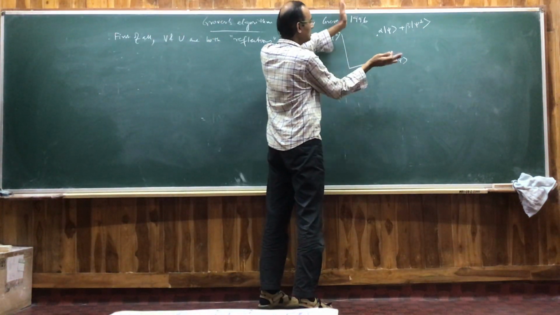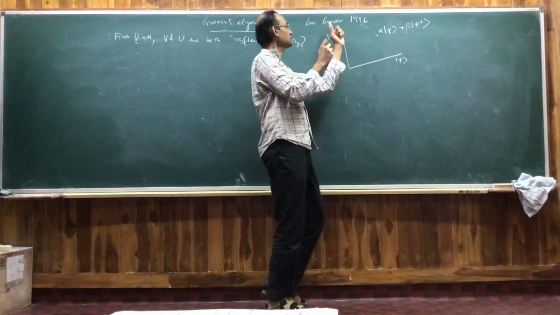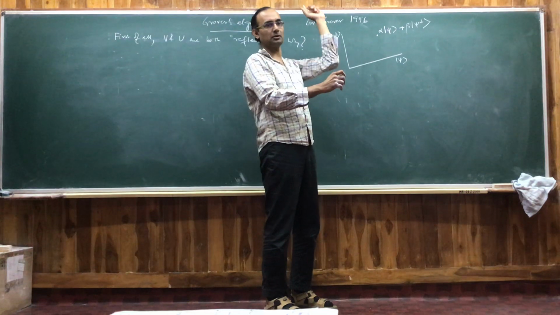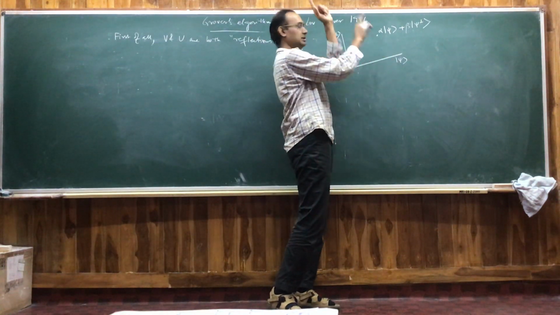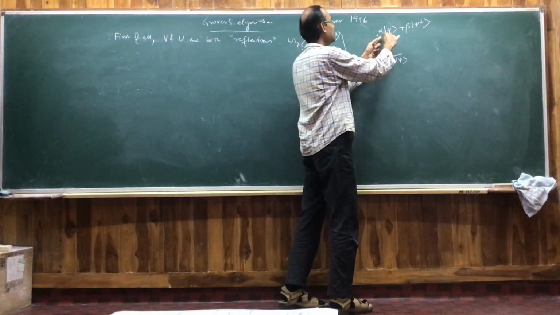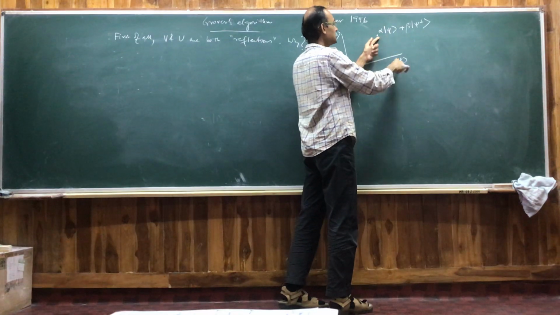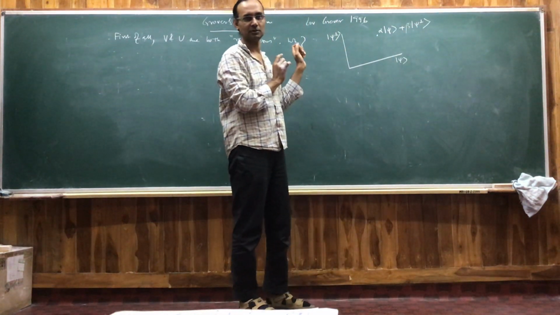If these two are orthogonal, then it is a problem. But if it is not orthogonal, then you can always choose your psi perp so that this thing falls on the plane of this and this. So you can always write any vector with respect to any other unless they are orthogonal like this. Understand my point?